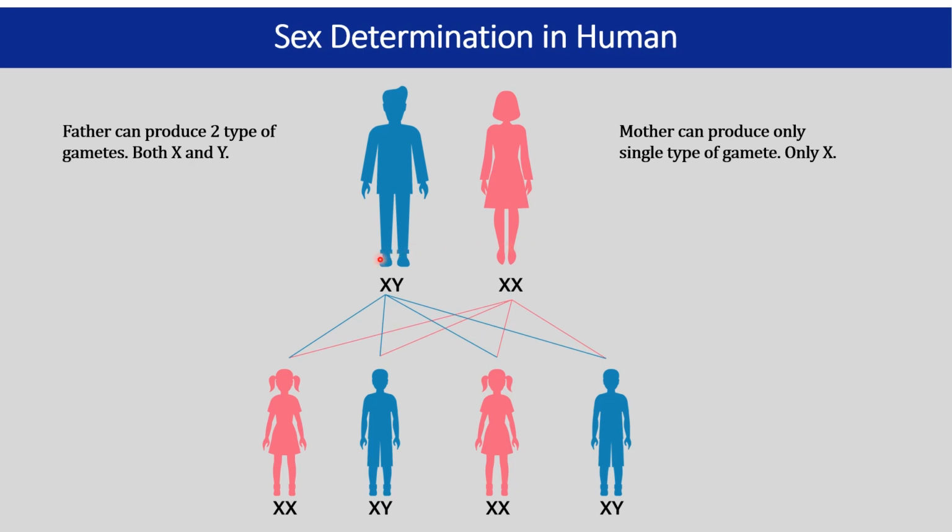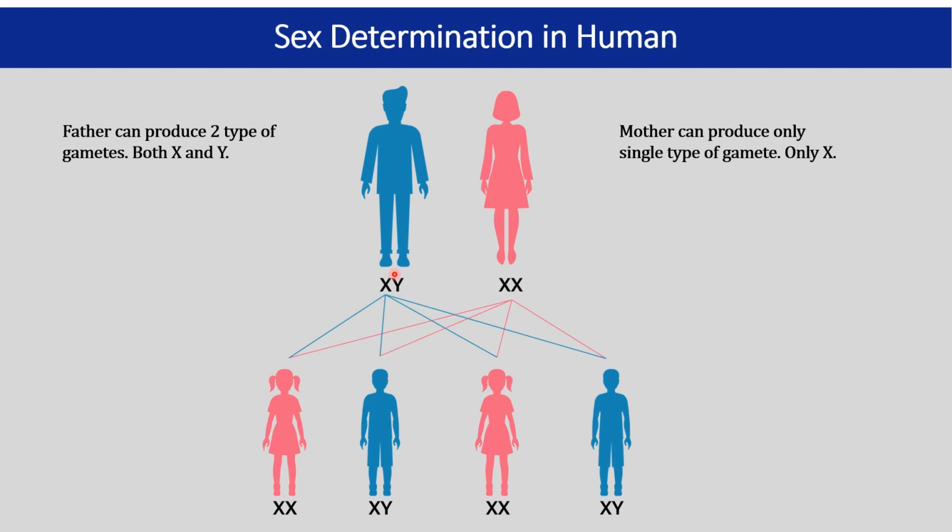So if the sperm carrying the X chromosome fertilizes the egg, the baby will have XX sex chromosomes, and that will indicate a baby girl.